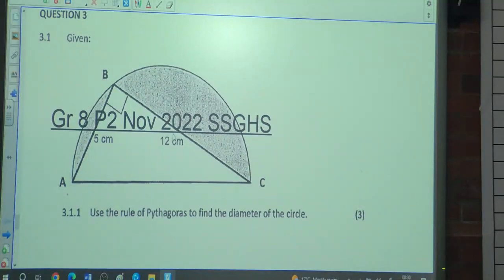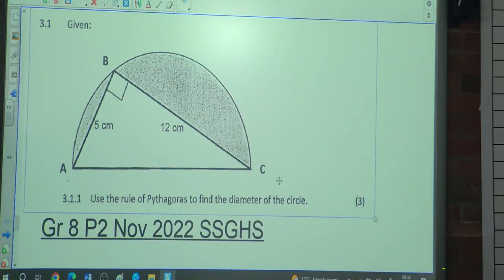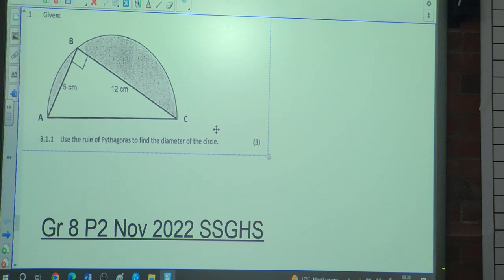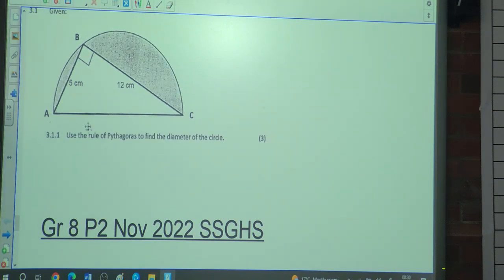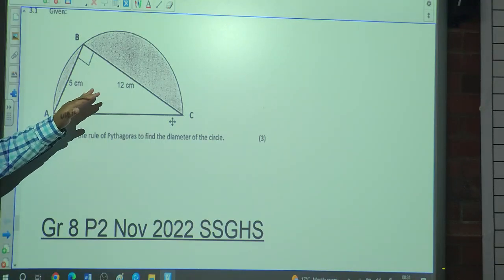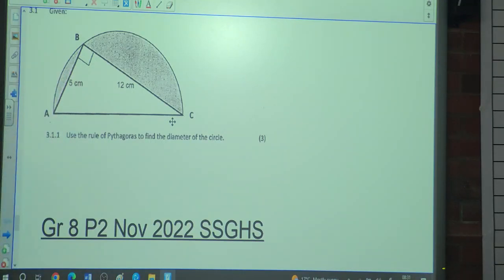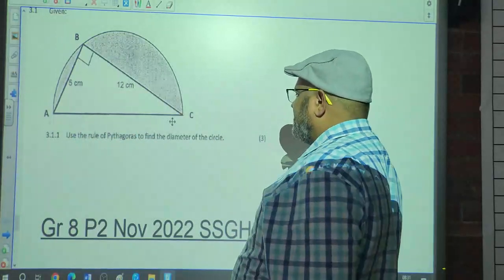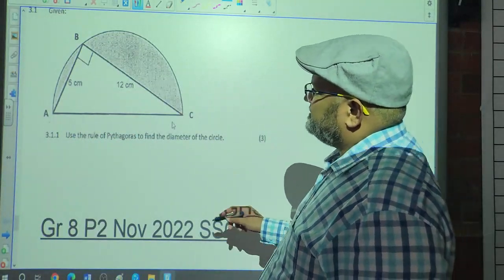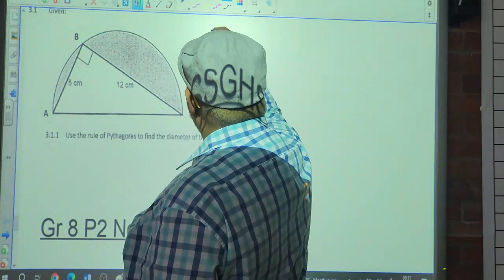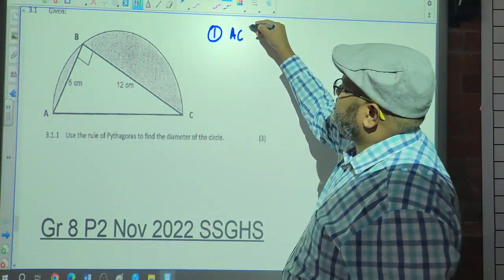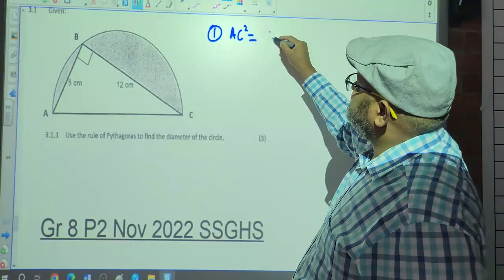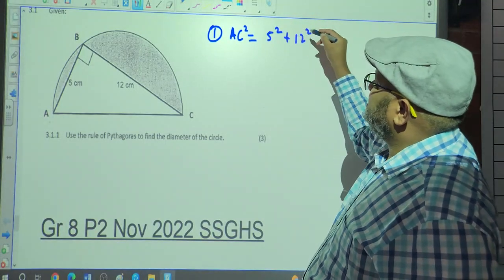Alright, let's look at question 3.1. Here we're given a semicircle and a right angle triangle in the semicircle. People, what do we know about the right angle triangle? We can use Pythagoras, not so? It says use the rule of Pythagoras to find the diameter of the circle. The diameter is AC. So I'm going to say AC squared is equal to 5 squared plus 12 squared.